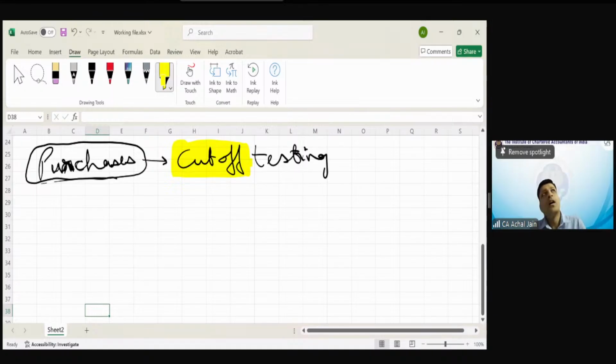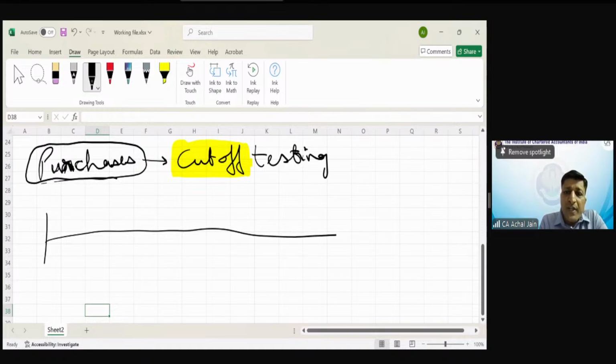Ron says we need to look at a particular period. Okay, very good. Rihanna says check the last 5 invoices at the end of the year and the first 5 invoices at the beginning of the year. Very good. So now in respect of cutoff testing, let's suppose our financial year is ending 31st March 2025.